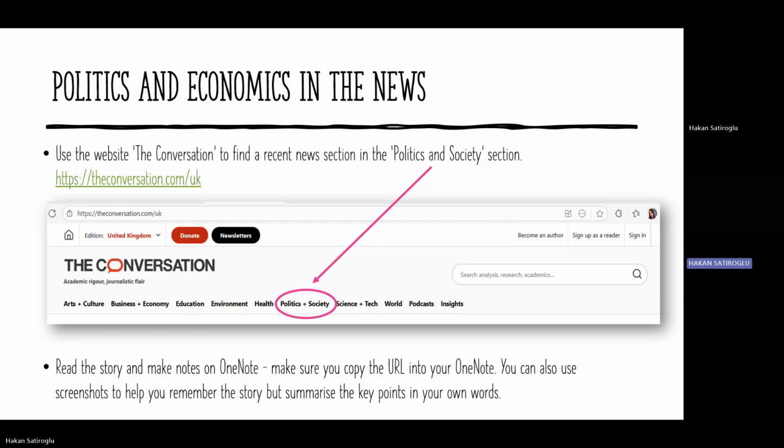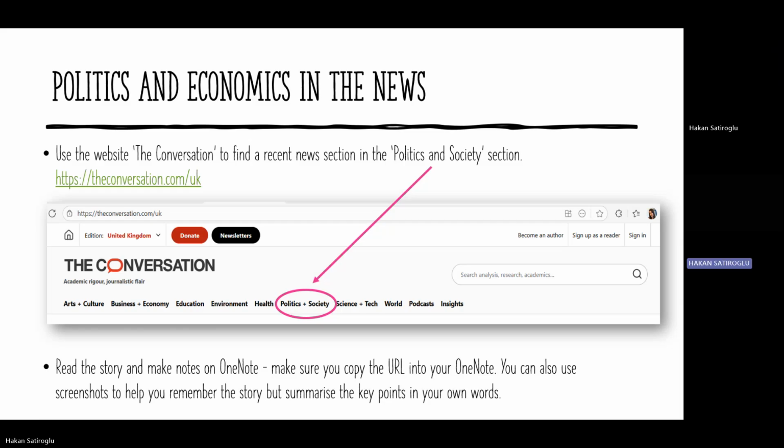I want you to check some news and find a story in the politics and society section. Here on the right, in the circle, maybe you can see it. Read the story and make notes on OneNote, and maybe save the URL for that story.